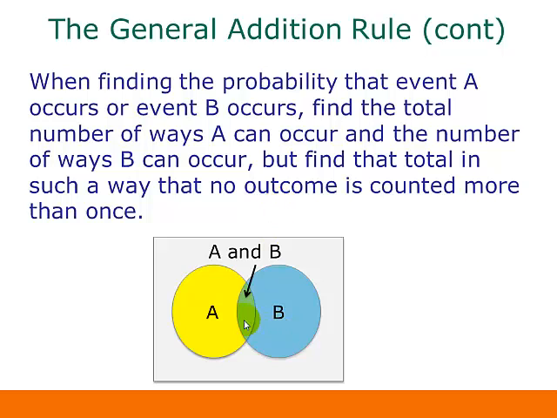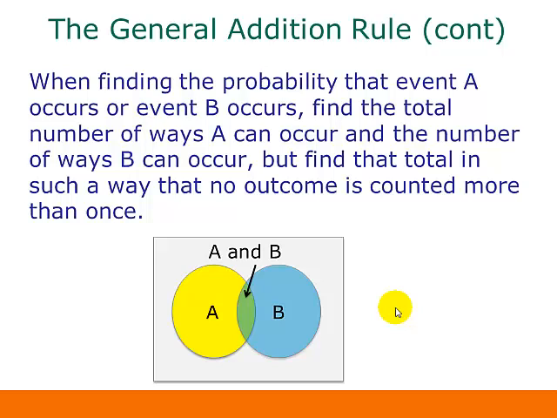So what we're doing here is if we take the total number of ways that A can occur and add the total number of ways that B can occur, then this part in the overlap we've actually counted twice. We counted it once with A, we counted it again with B. So if we just add those two together, then since we've added this part in twice, we have to subtract the amount in that overlap to get the true value.